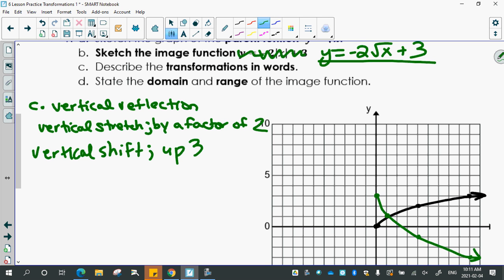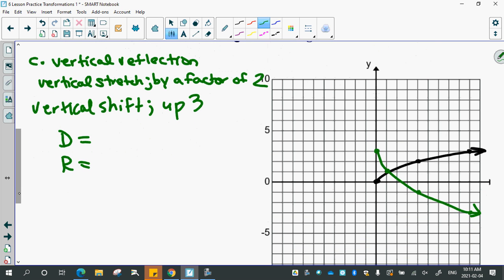Okay? And then, so I've already done C, I described all the transformations in words, I just sketched the image. Now I want to state the domain and range of the image. So look at that green picture we just drew, and see if you can figure out the domain and range.